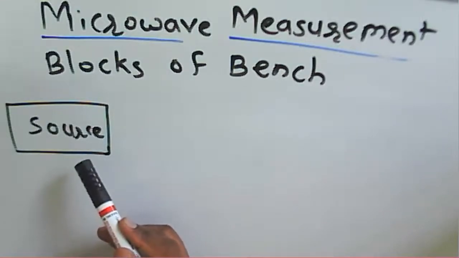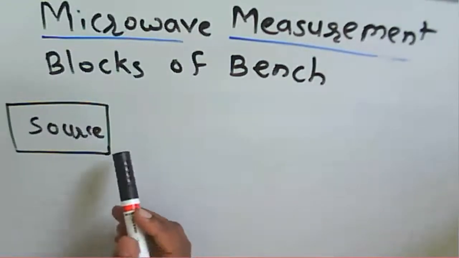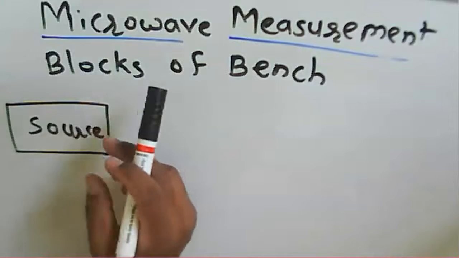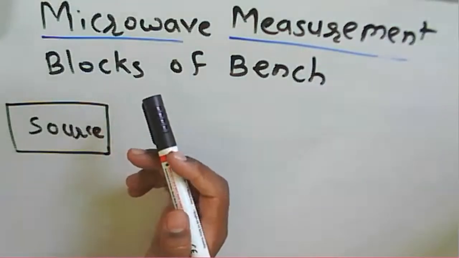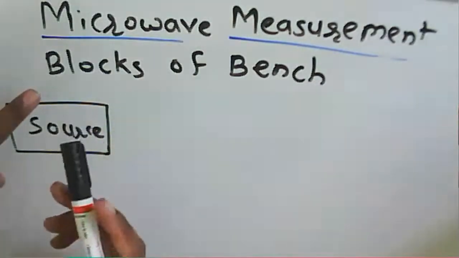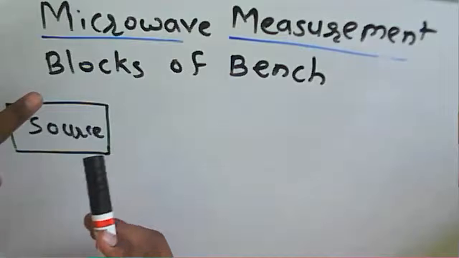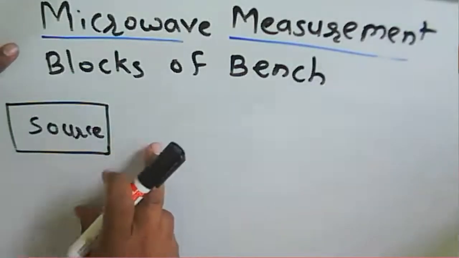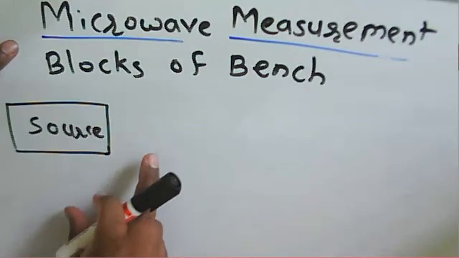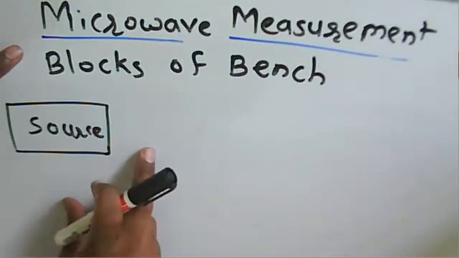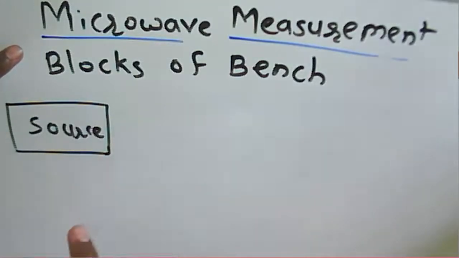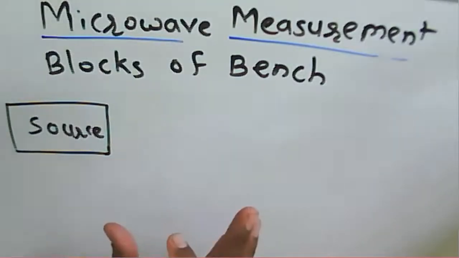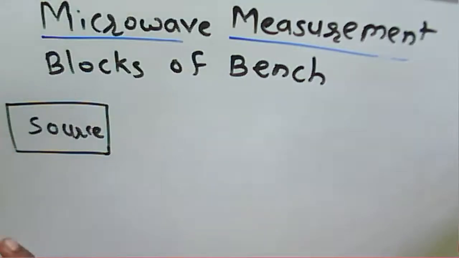In that case, we modulate the signal using a PIN modulator. If it is a reflex klystron, the signal gets modulated inside the klystron, at 1 kilohertz. If we are using a Gunn oscillator as the microwave source, we use a PIN modulator to modulate the signal, so that the 1 kilohertz signal is transmitted.